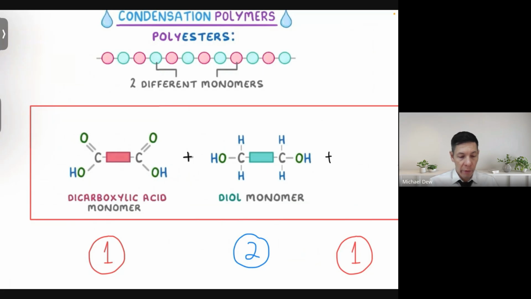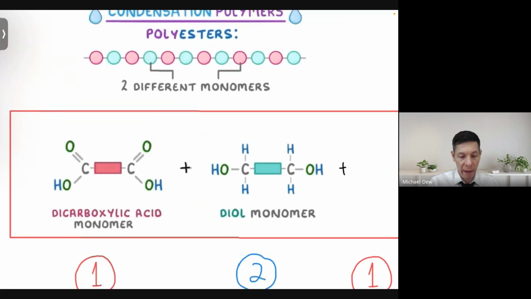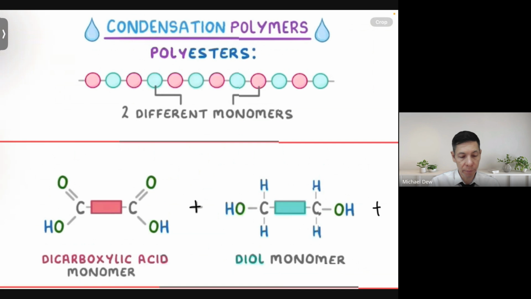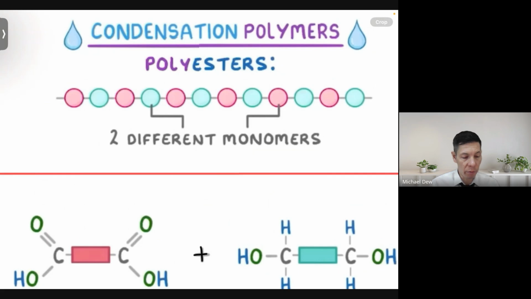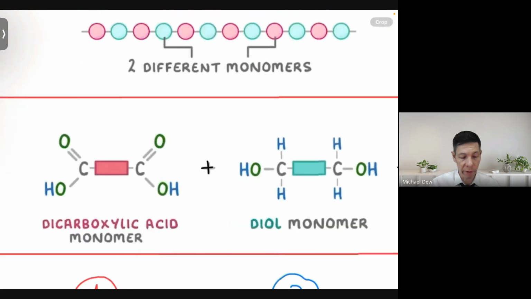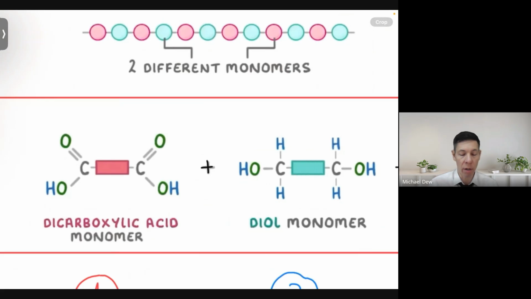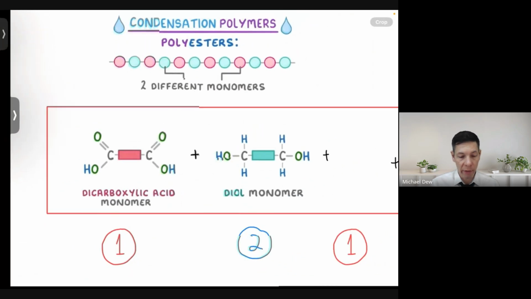Okay, so up here, so to have 2 different monomers for condensation polymerization, you can see how polyester is created: red, green, red, green, red, green, 2 different monomers, and these are the 2 different monomers just alternating in connection. So acid, alcohol, okay? And you can keep on doing that as long as they have the functional group on both sides of the molecule. All right, so that's how we make polyester.